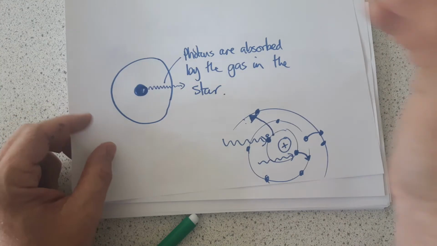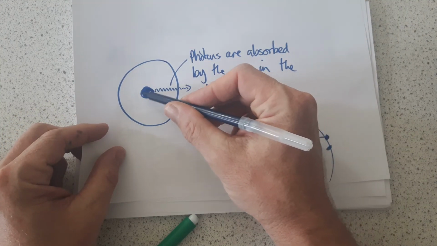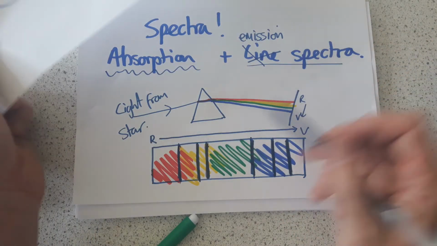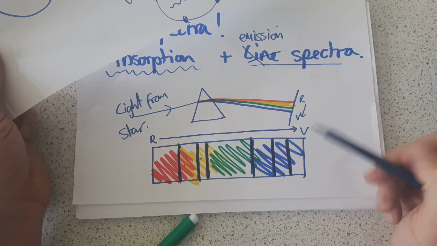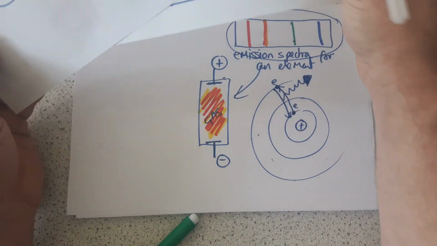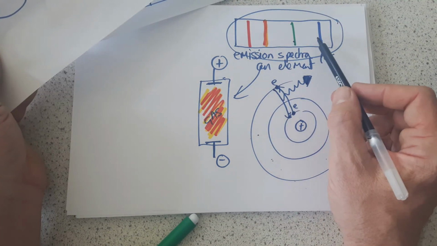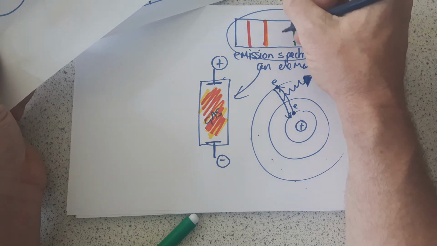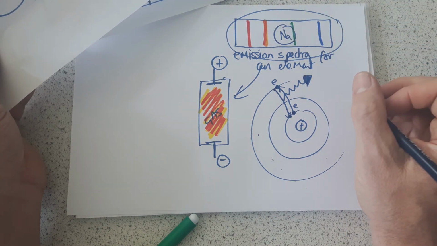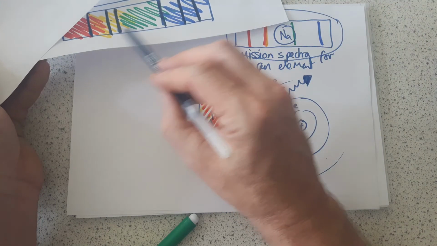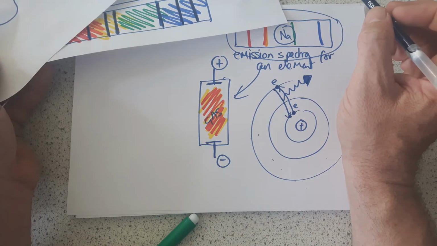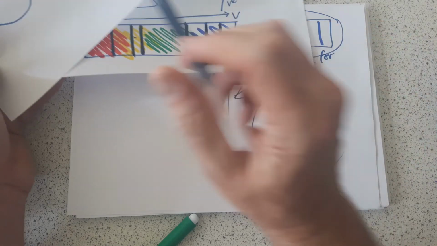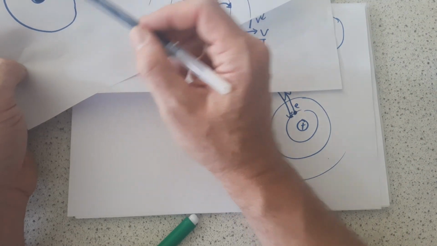So when the star emits the photons, some of those coloured photons get absorbed here and here, but then I can match those to emission spectra that I've made in my lab, and where I find a match-up, let's say for example this was sodium, although it's clearly wrong, if I then find those lines within an absorption spectrum, then I know that gas in there must be some sodium.